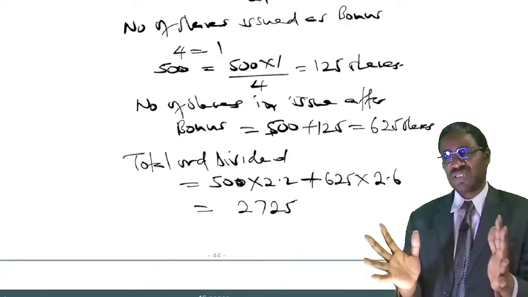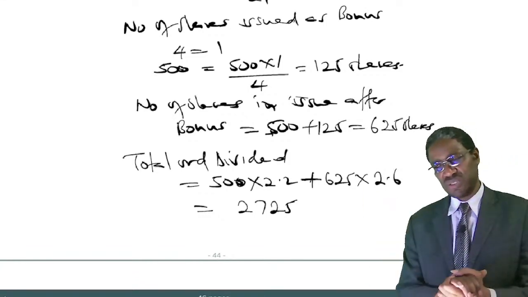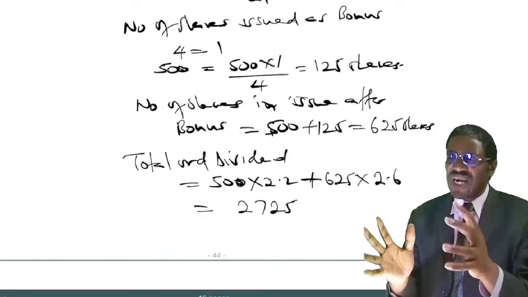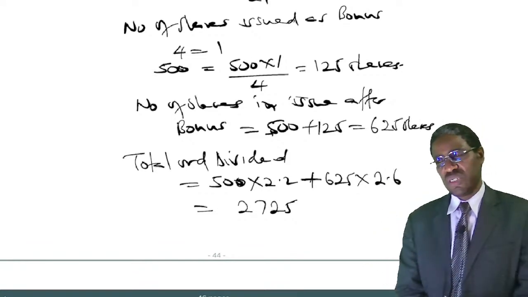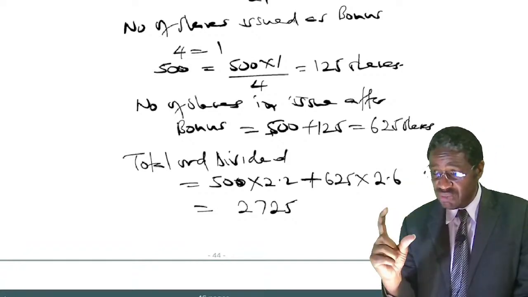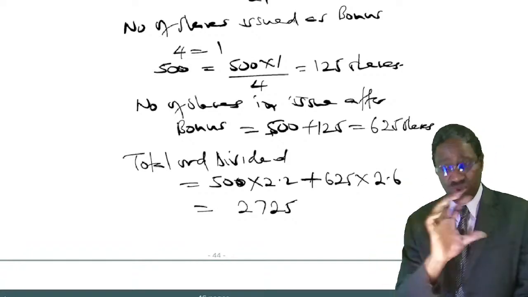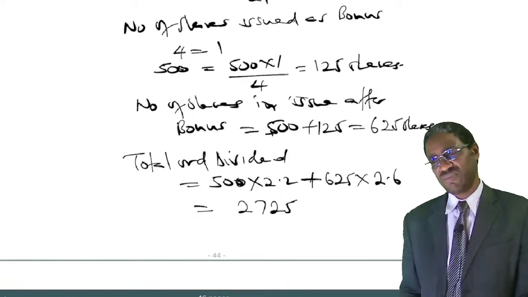That's okay. You debited debtors, you credited sales. But because the customer has a right to return them anytime, can you count the 2.6 million as a sale? No. Because he can return them anytime.